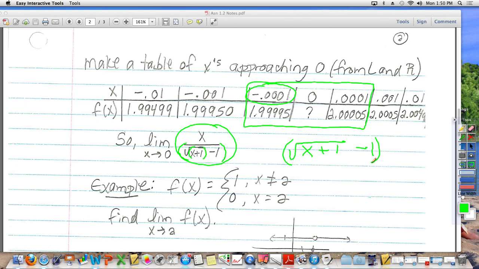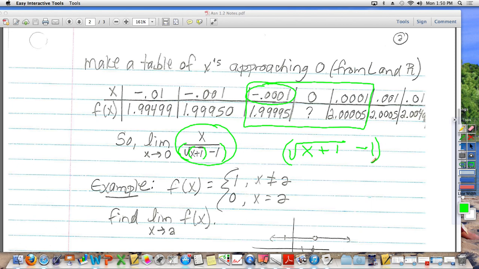All right, now, okay, so that's what happens right before 0. What happens right after 0? What happens at 0.0001? So how do you do that? Press second window. Again, you're going to have to go back into your table, and tell the table to start at 0.0001.